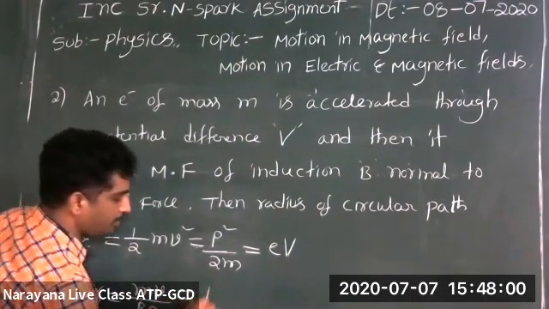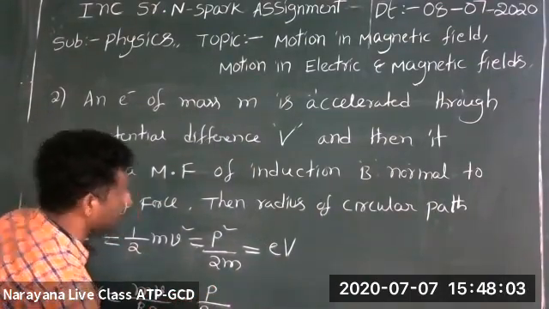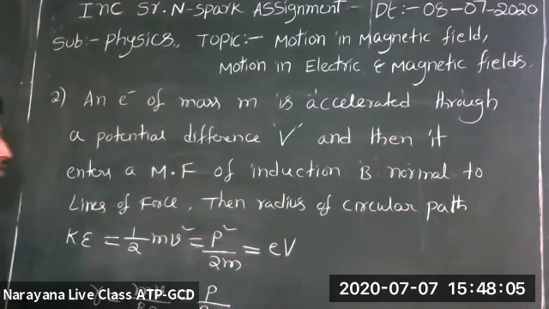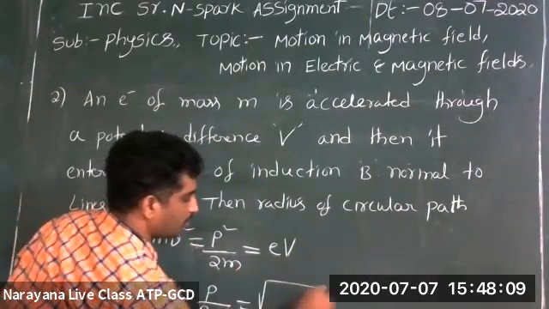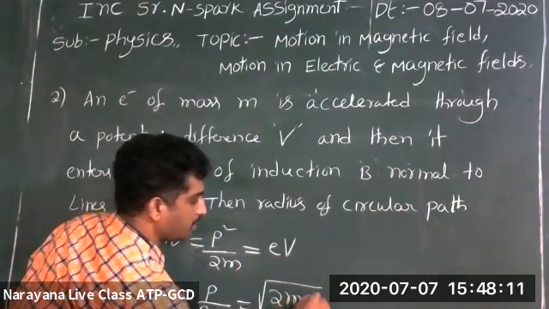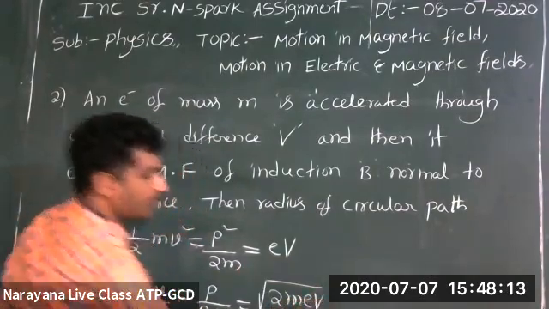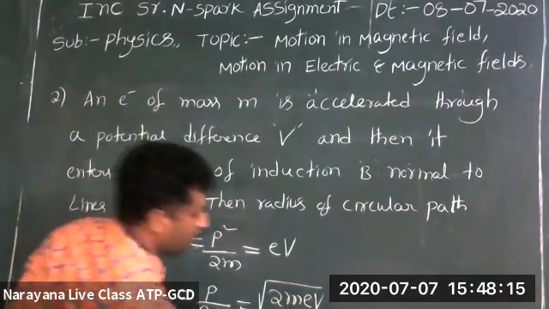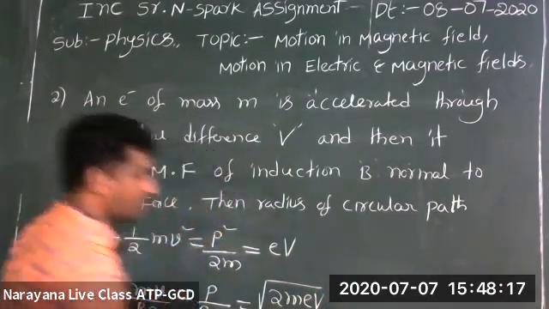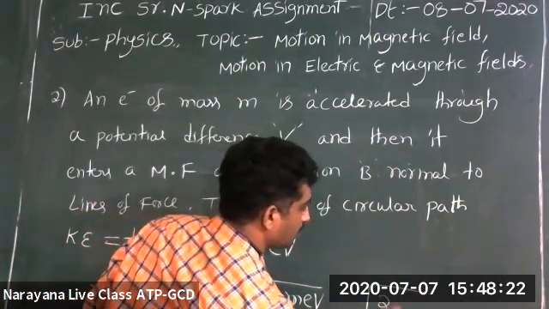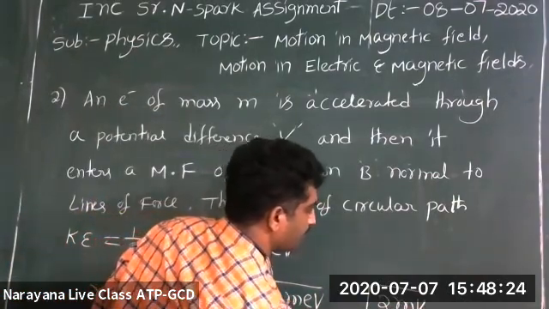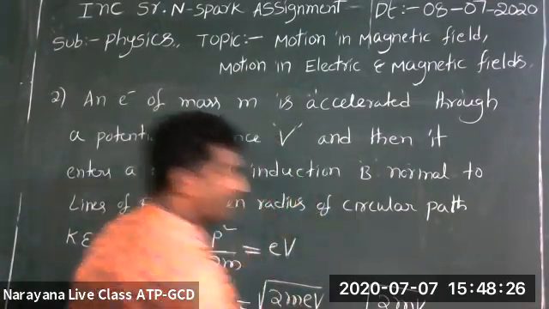So it is P by BE because of electron charge. So here P equal to root over 2meV, capital V, potential difference, by BE. So the final answer we got is root over 2mV by B square E.